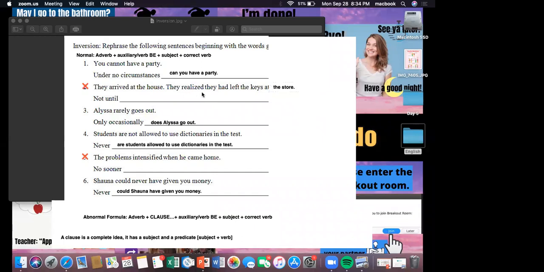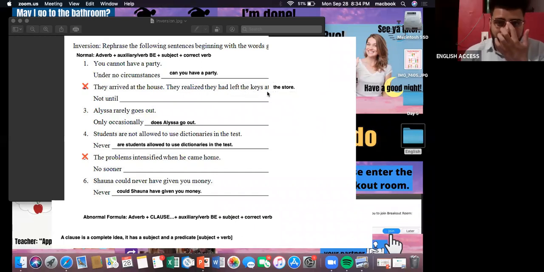Okay. They realized that they had left the keys at the store. So this is how you would do this sentence. Not until they arrived at the house, and then that is my adverb in clause.